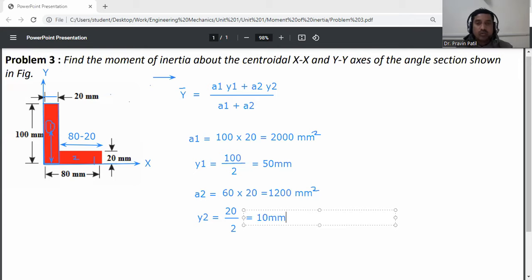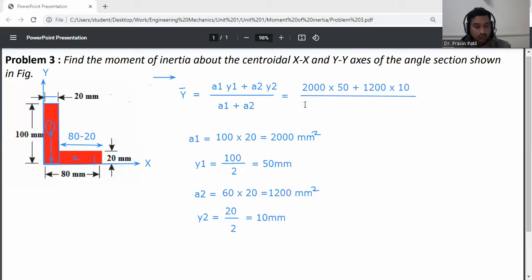Okay. So put all these values in the y bar equation. y bar is equal to: a1 is 2000, y1 is 50 mm, plus a2 is 1200 mm square, and y2 is 10 mm, divided by a1 plus a2.